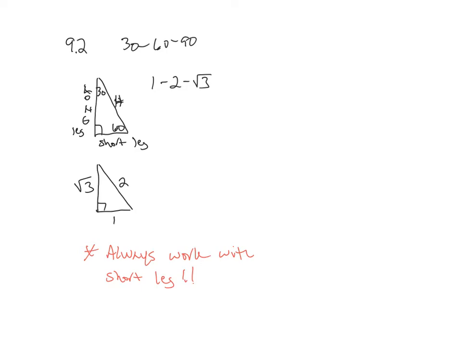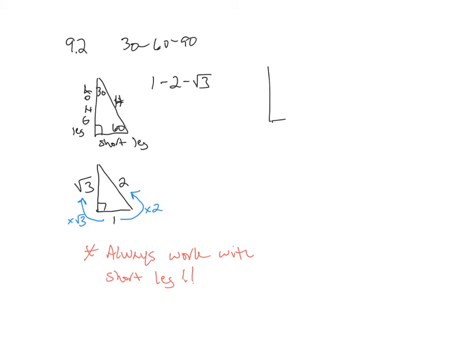But you always have to work with the short one, which is the 1. So if you're going from the short one to the hypotenuse, you're going to do times 2. And if you're going from the short one to the long one, you're going to do times square root of 3.